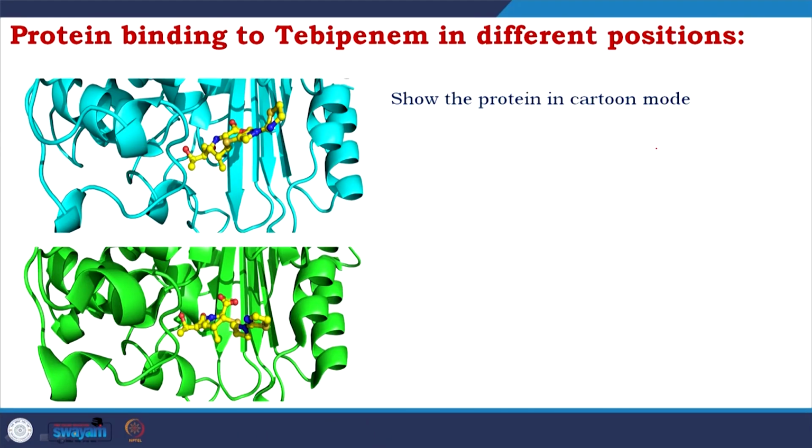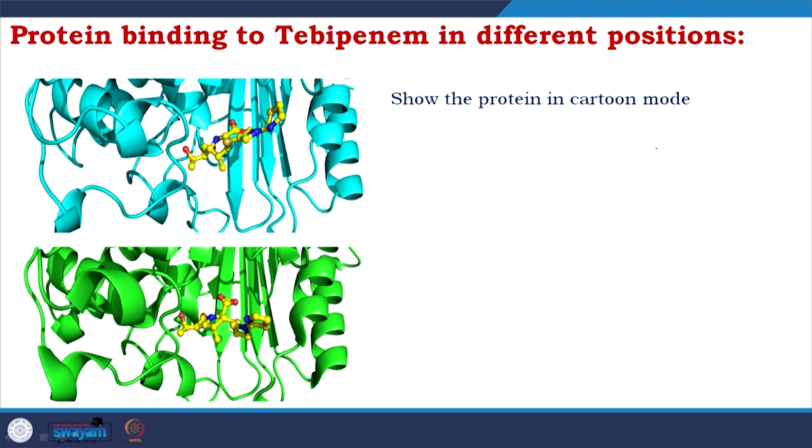So, we have two beta lactamase structures, both with tebipenem, but in one the tebipenem could not react, where the mutation of lysine to alanine happened, and in the other the reaction, the first step, the acylation, happened. So, that is the scenario.